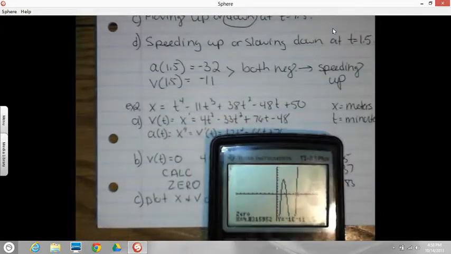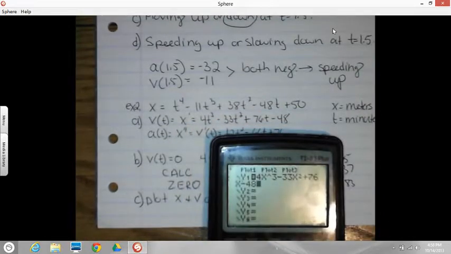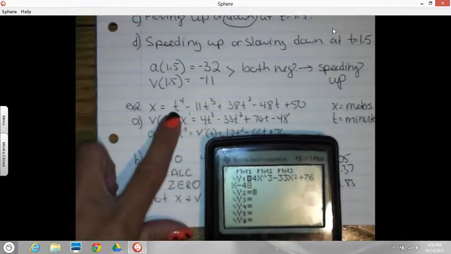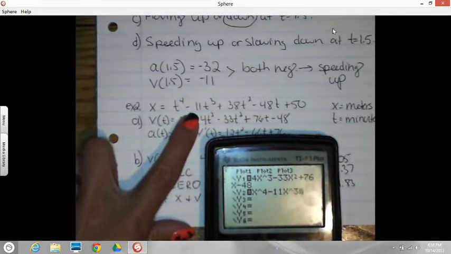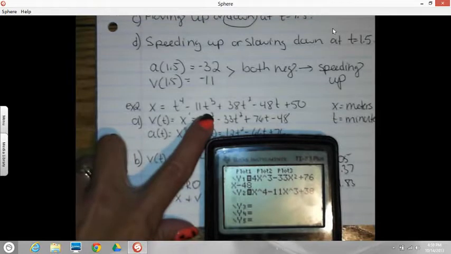So let's go back. We'll put in the distance graph. That's x to the 4th minus 11x cubed plus 38x squared minus 48x plus 50. And I'll make this one the fat one graph.